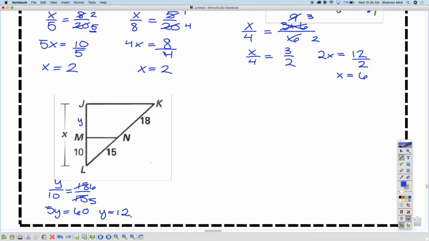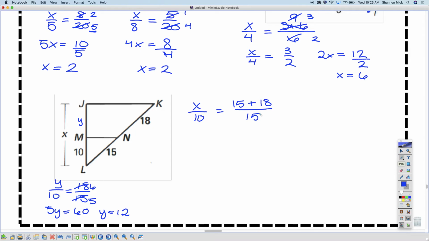Okay, 10 over x equals 15 plus 18 over 18. Wait, I put x over 10. You said 10 over x. Okay, so you put x over 10 equals 15 plus 18 over what? I mean 15. That's where I messed up.